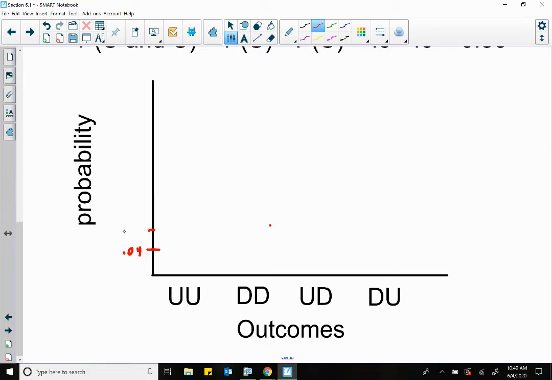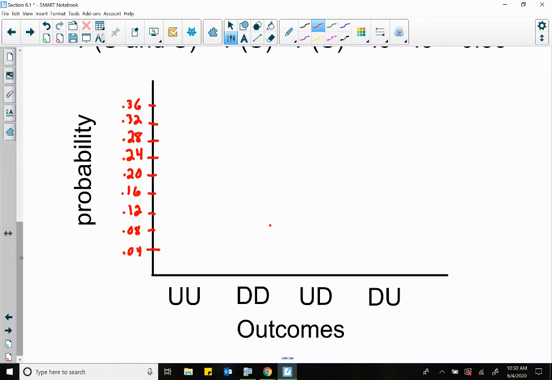Then I would have 0.08 and then 0.12, 0.16, 0.20, 0.24, 0.28, 0.32, 0.36. And then I can make my little quick graphs.